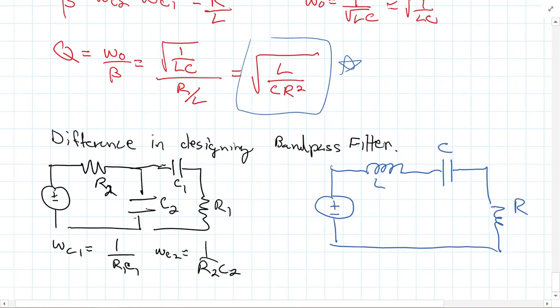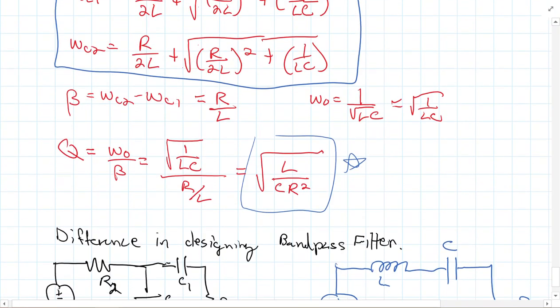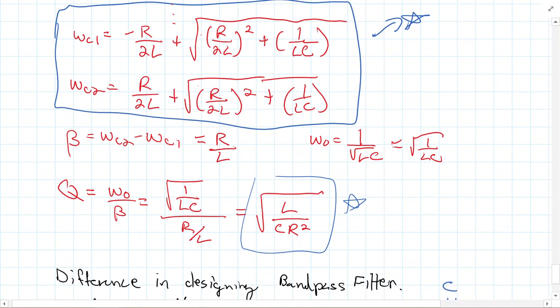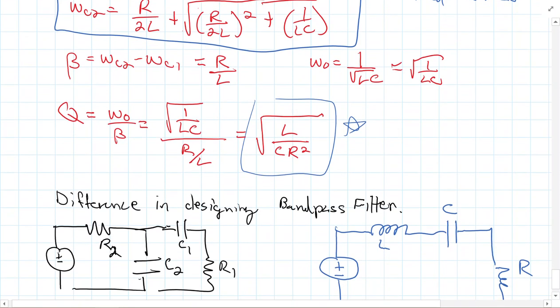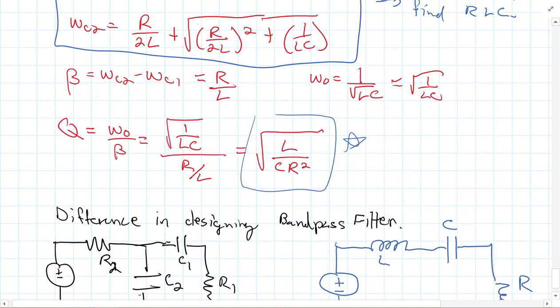And let's think about designing this one here. If we had omega C1 and omega C2, these would be a pain to use to find R, L, and C. But wait, let's look at some other equations that we have here.